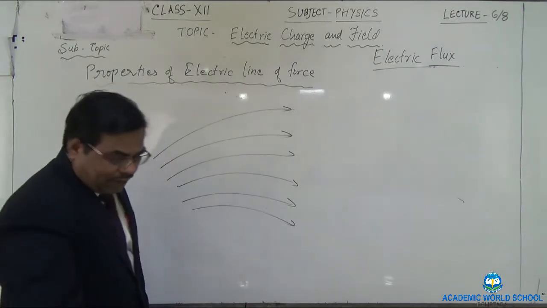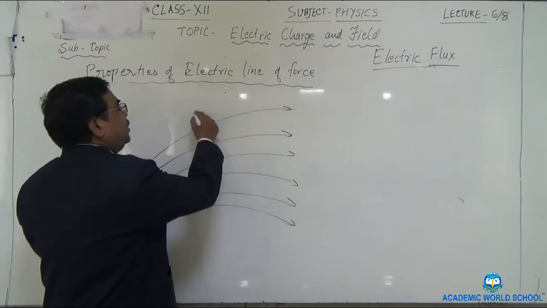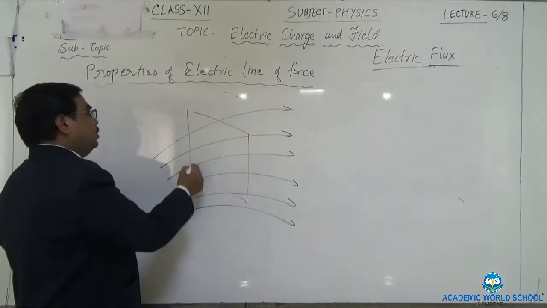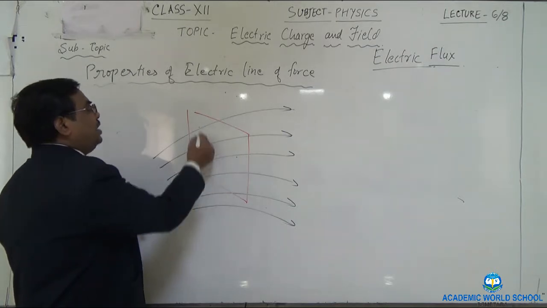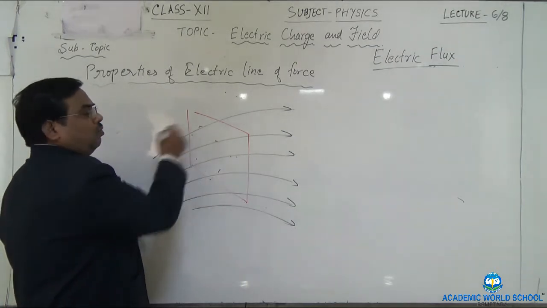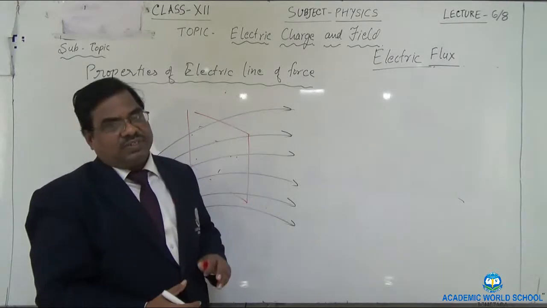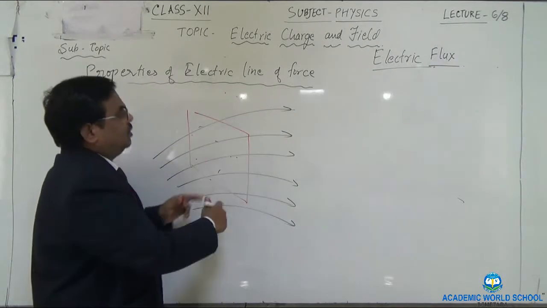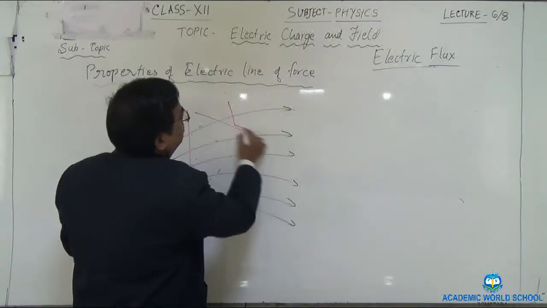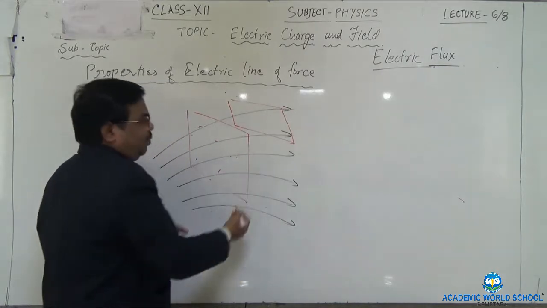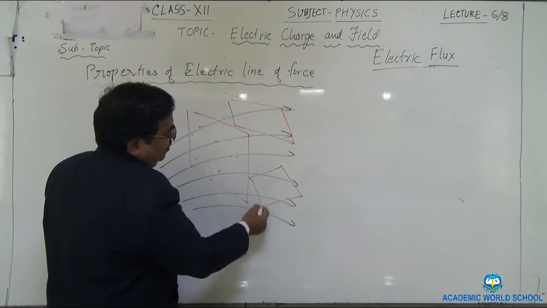If I take one area here, then the number of lines coming out perpendicular from this surface can be like this also, in another plane or in another plane.